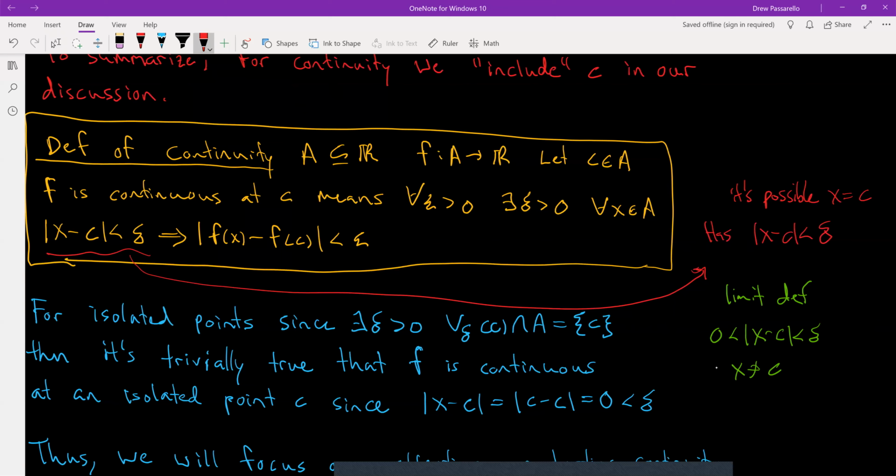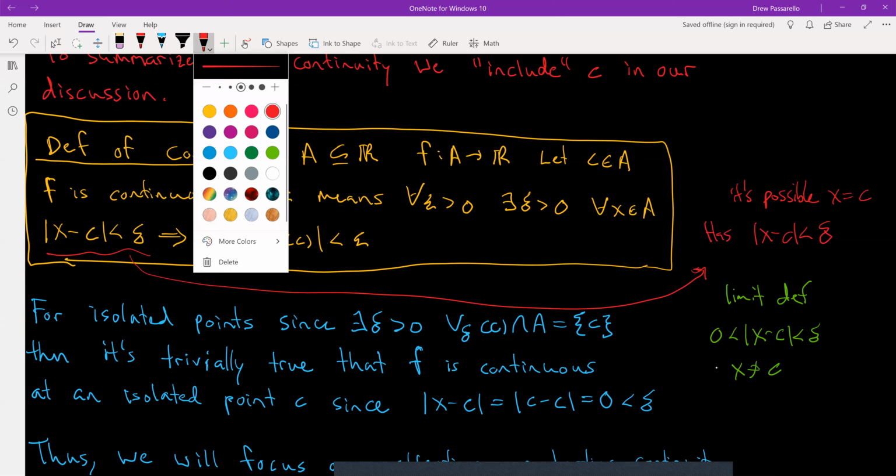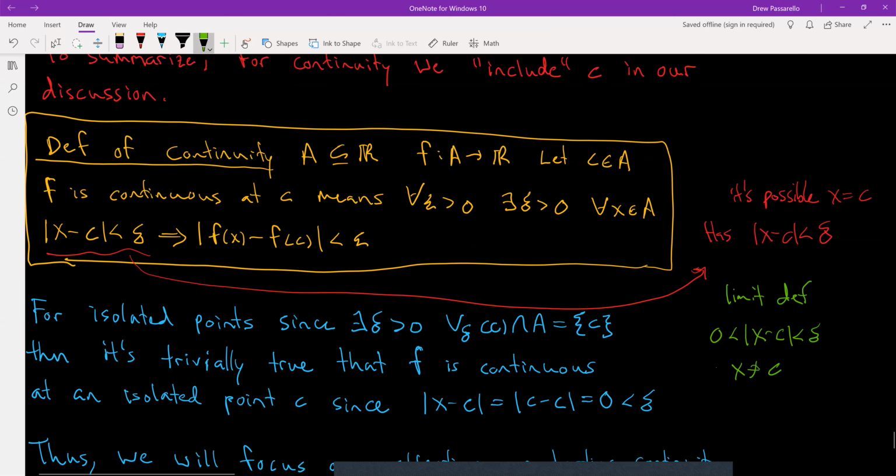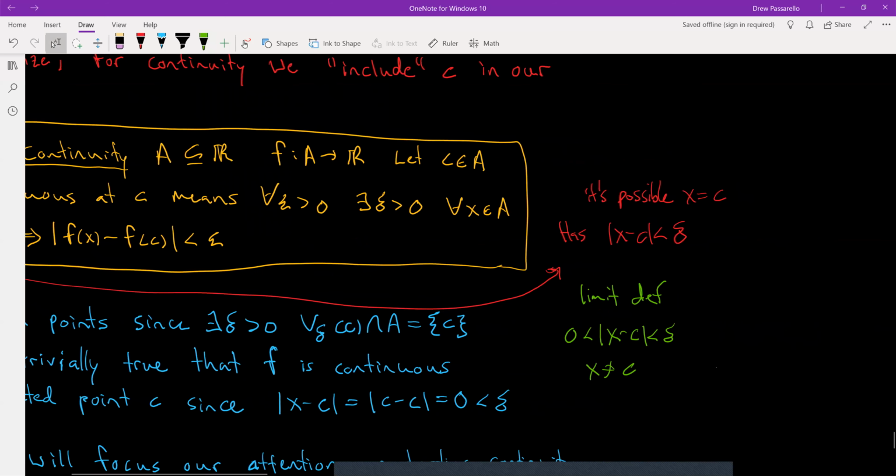So that means we're dealing with just a regular delta neighborhood. And then another key difference was that for the limit definition, we had the absolute value of f of x minus L to be less than epsilon.